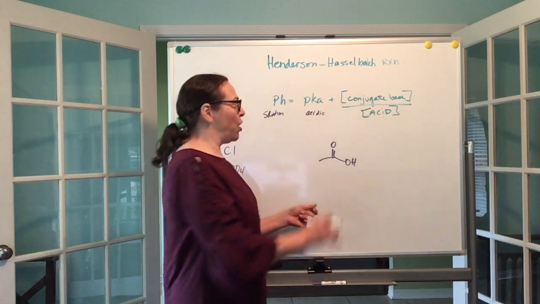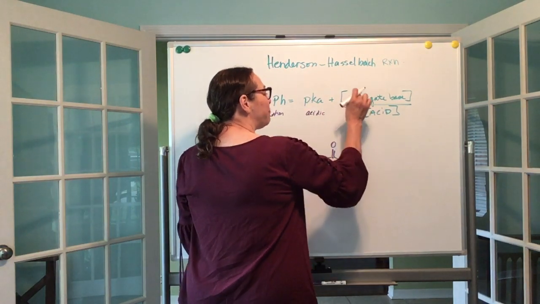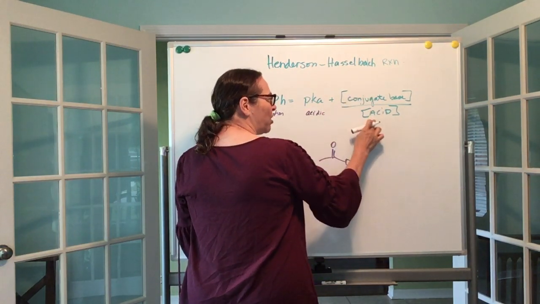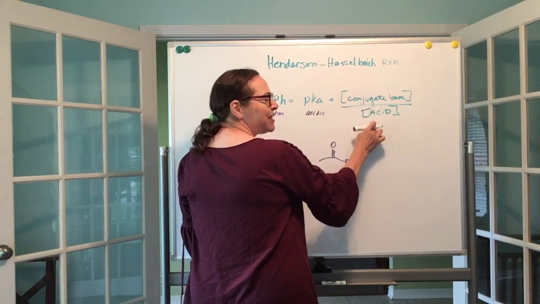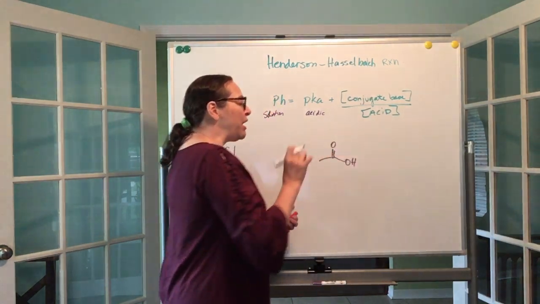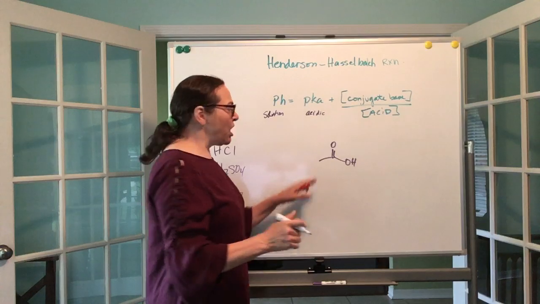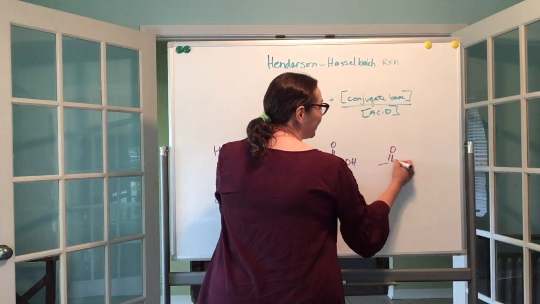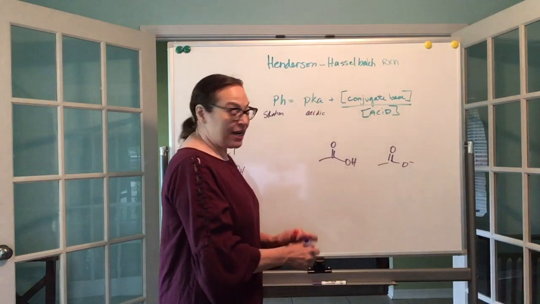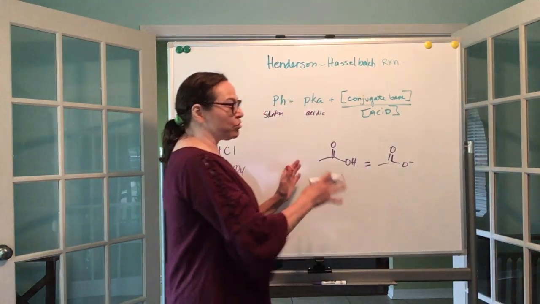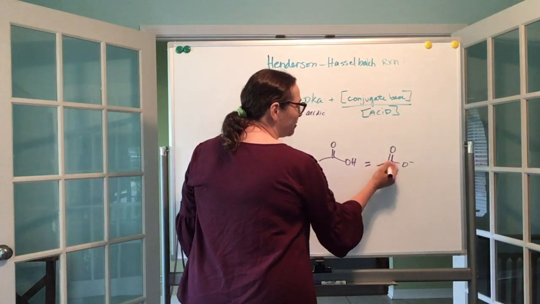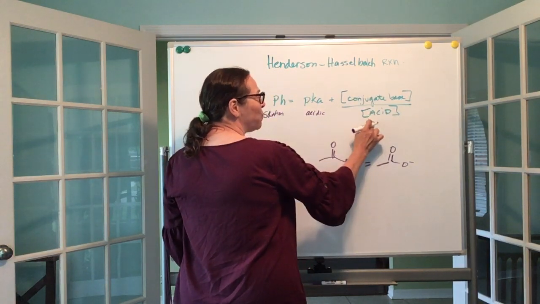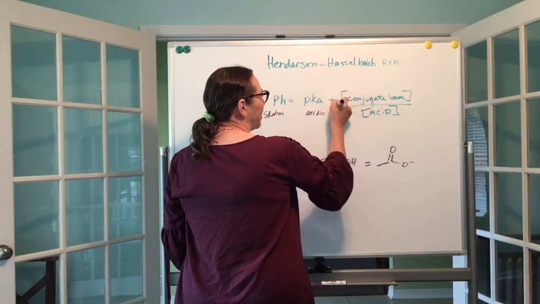What I do know from this equation is that if the conjugate base is equal to the conjugate acid, then this is equal to 1. So if I have equal amounts of a carboxylic acid that is protonated and a carboxylic acid that is deprotonated, and I have equal concentrations of those 2 compounds, then this becomes 1, and the log, oh, I forgot a log here.